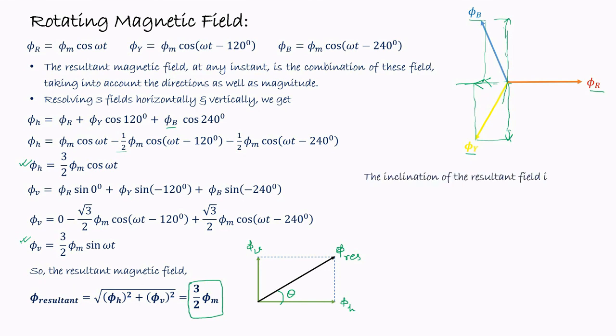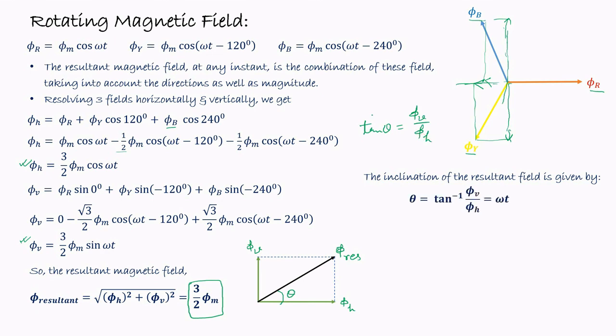Now, if we want to find the inclination of the resultant flux, then it will be theta. So if we write tan theta, then the value of tan theta will be equal to vertical component upon horizontal component.